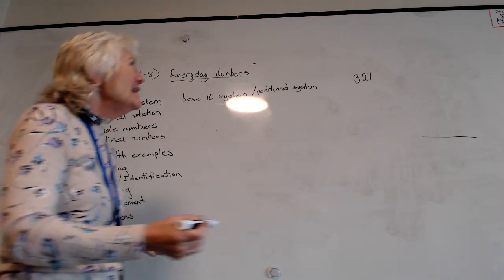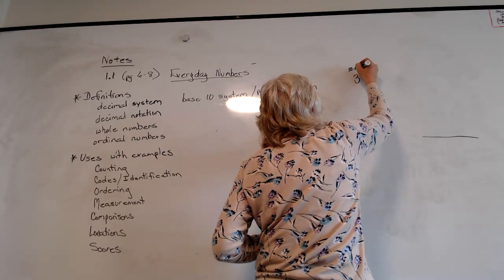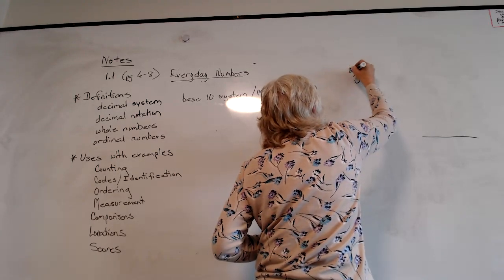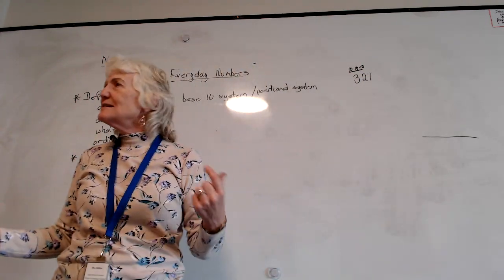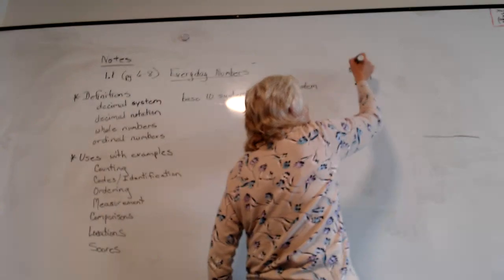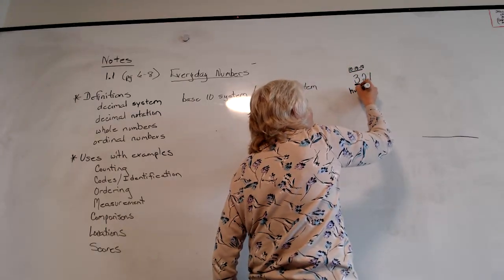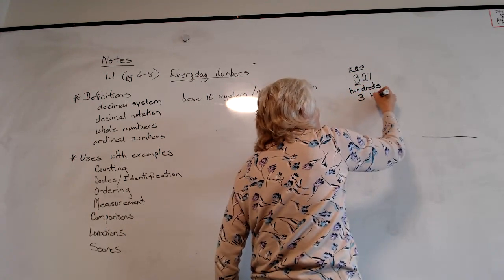That is actually 10 times 10 times 10, so it's in the 10 cubed place. We'll talk about cubes later, but it's in the 10 cubed place. This position right here says it's in the hundreds place, so it's 300.